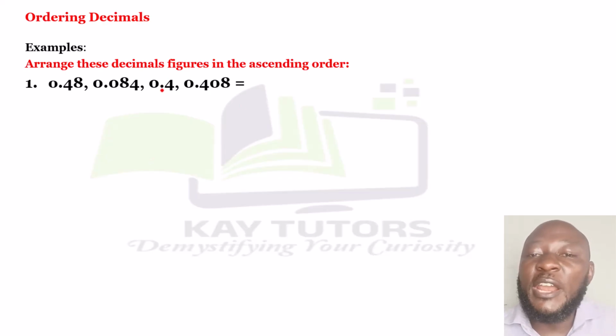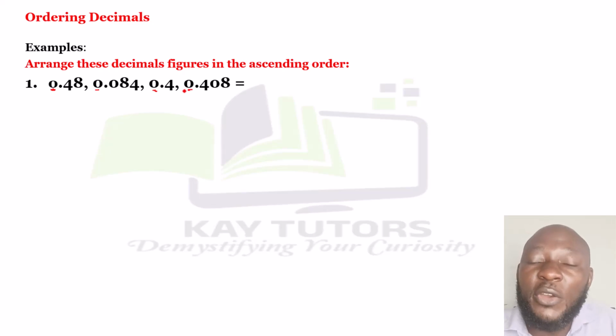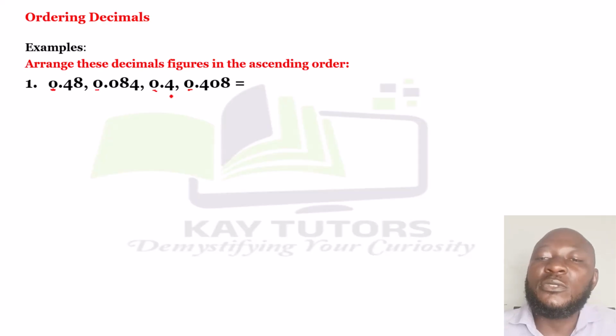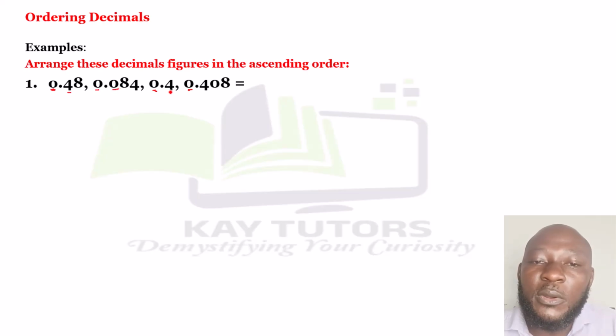If you are ordering any set of numbers, all you need to do is to look at the whole number part. Here we have 0, 0, 0, 0. Then at this point, they are all on the same level. And since they are all on the same level, consider the digits after the decimal point. Here you have 4, here you have 0, here 4 and 4. This implies that this is the smallest, so we are writing this first.